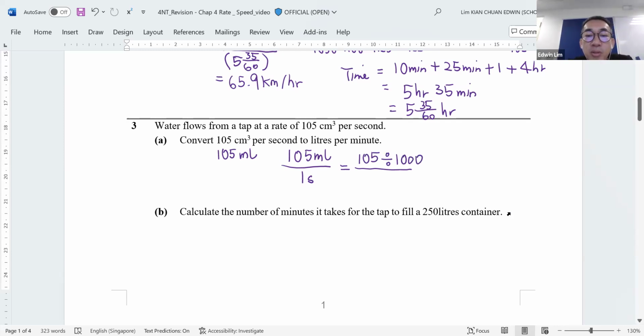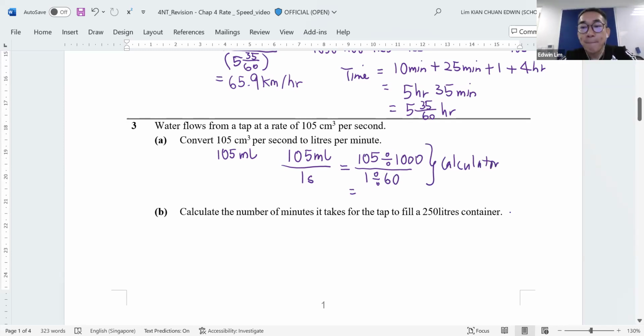How do I convert 1 second to minutes? It's 1 divided by 60. After I've written this, I will just use the calculator. Fraction sign again, 105 divided by 1000, over 1 divided by 60. I will get 6.3 liters per minute.